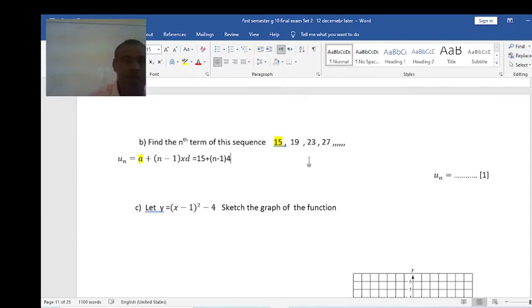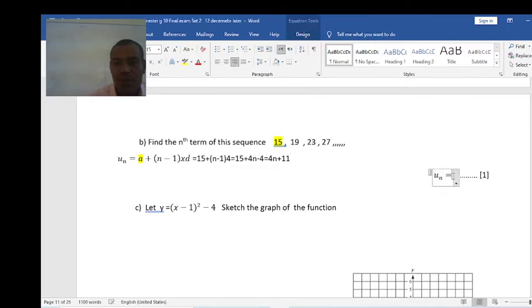Then I will just expand. 15 plus 4 multiplied by n is 4n. 4 multiplied by minus 1 is minus 4. So this one equals 4n plus 11. This is the nth term.